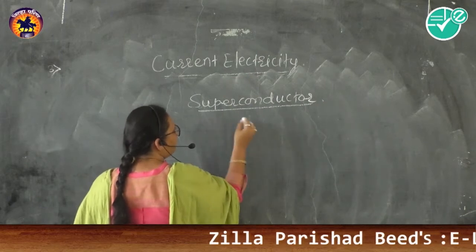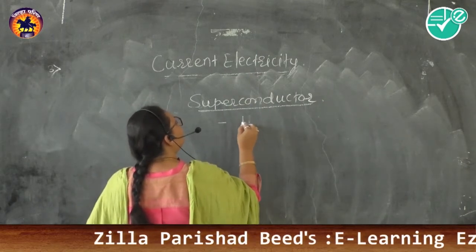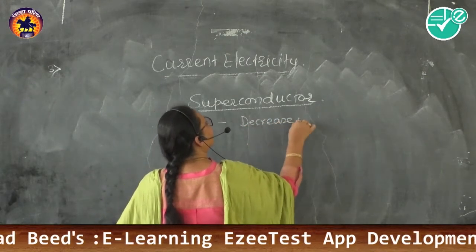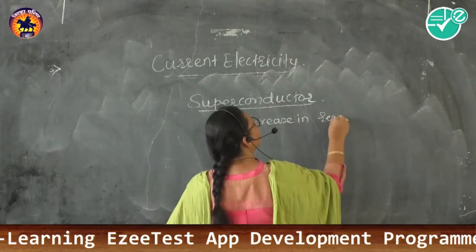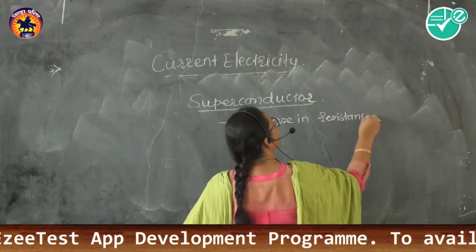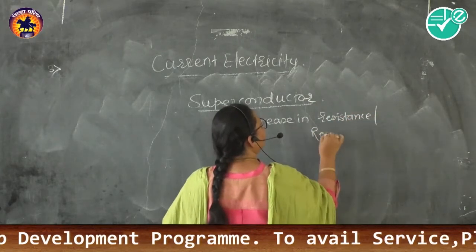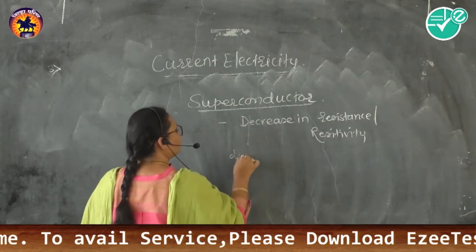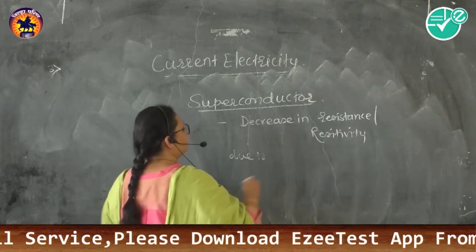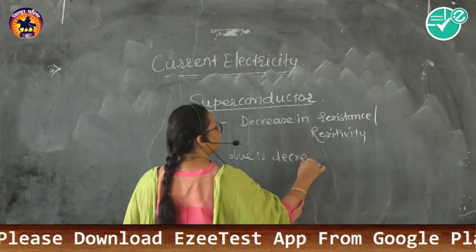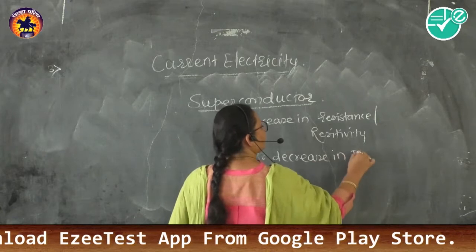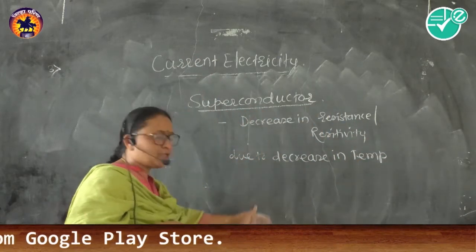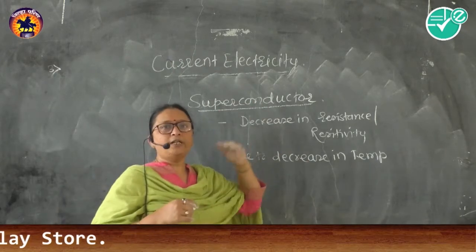Superconductors are the materials in which there is decrease in resistance or resistivity due to decrease in temperature. So this is the property: if you decrease temperature, then its resistivity decreases.